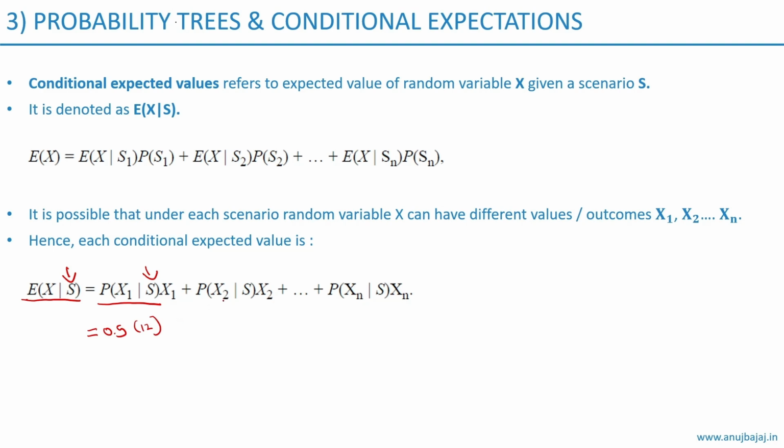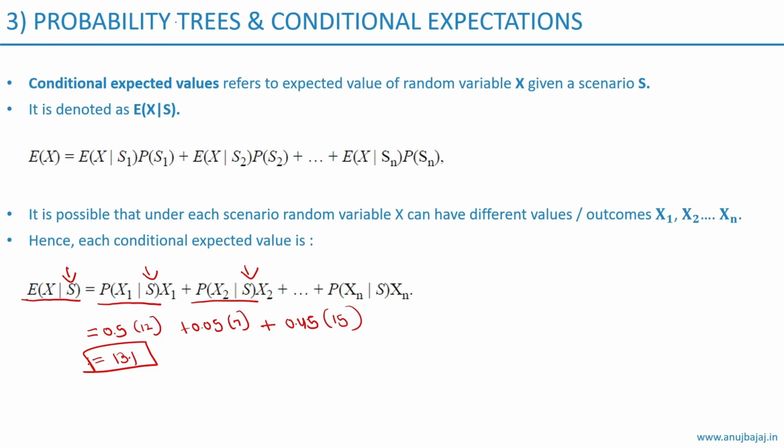Similarly, the probability of the second outcome occurring given the scenario has already occurred was 5%, multiplied by 7. And the third possible outcome was 15, with probability 45%, multiplied by 15. And we got this value to be 13.1.